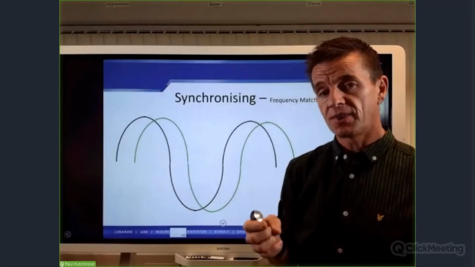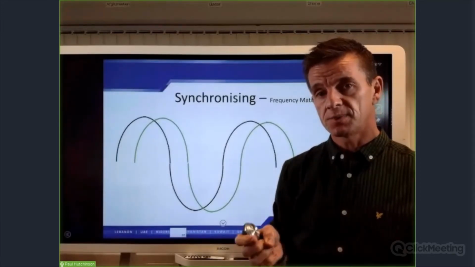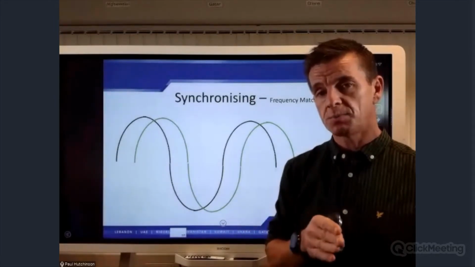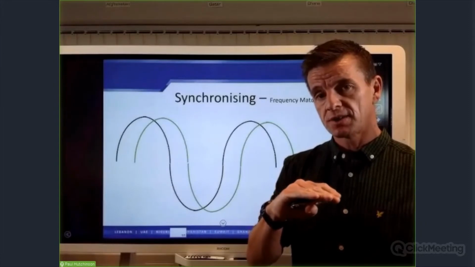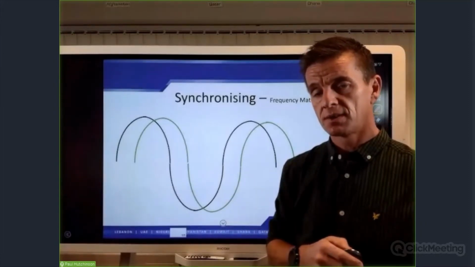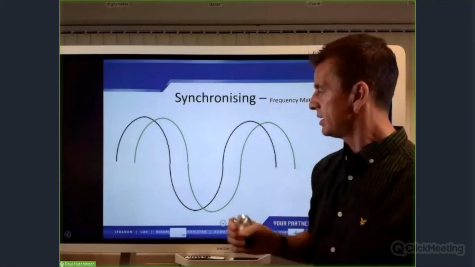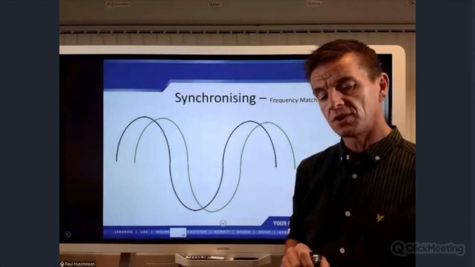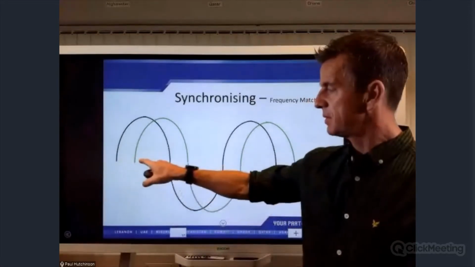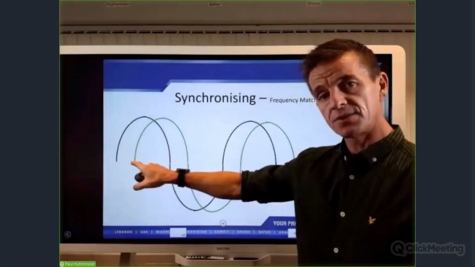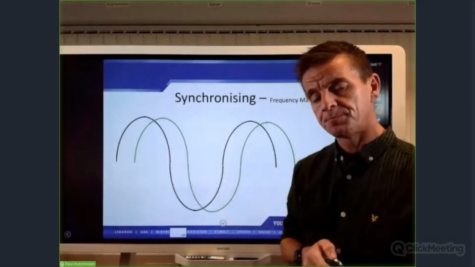Frequency, as we said, is related to speed, so we're talking about the engine speed. It will change so that the two sources get to be within an acceptable percentage of each other. So we see them here, one source frequency and the second source frequency.